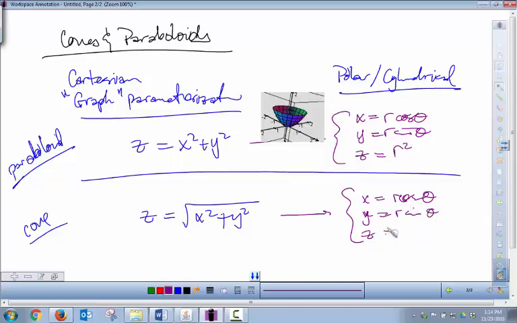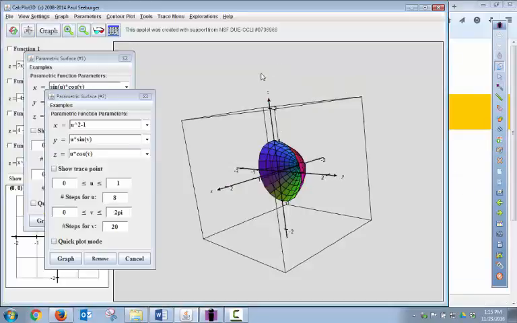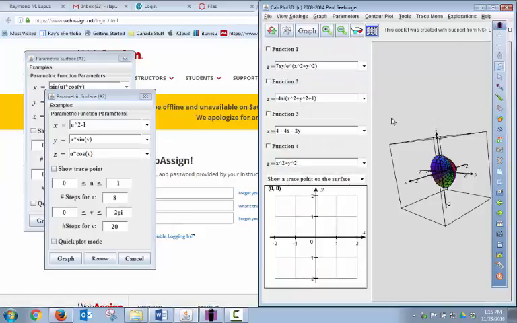And for the z, just put in the square root of x squared plus y squared. X squared plus y squared is equal to r squared, and so that under the square root would be r. And then, of course, if it's going the opposite way, you put a negative sign.